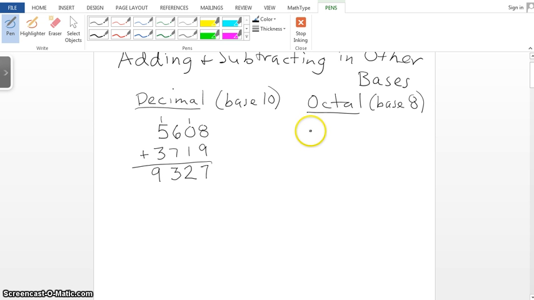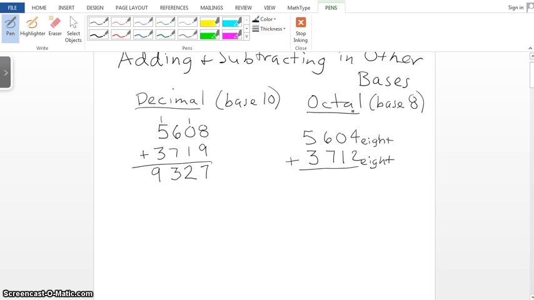So I'm going to add these 2 numbers together: 5604 plus 3712, and both of these are base 8. They have to have those bases on them, or else it's in the decimal system. Those bases are going to tell you what base you're in.